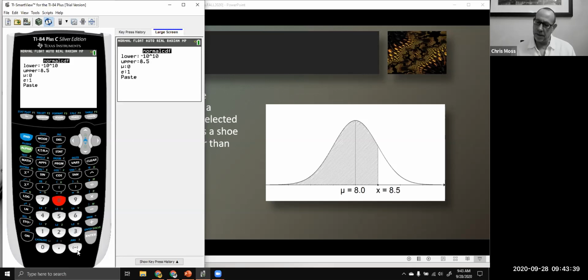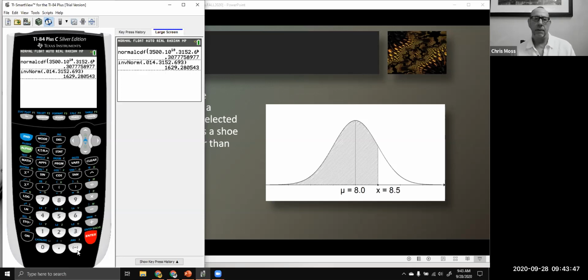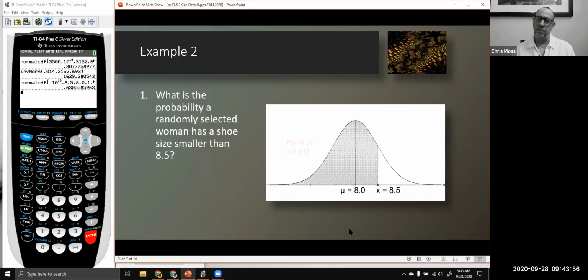The mean, 8.0. Standard deviation, 1.5. Paste that into the probability function. And the answer is 0.631 when I round that to 3 significant digits. So the probability that x is less than 8.5 is 0.631. All right.